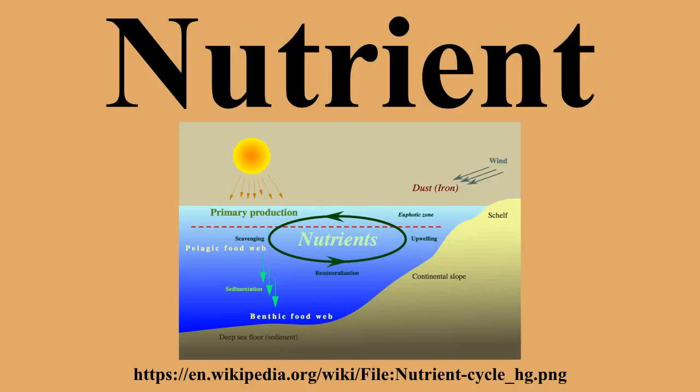The chemical elements humans consume in the largest quantities are carbon, hydrogen, nitrogen, oxygen, phosphorus, and sulfur, or CHNOPS. The classes of chemical compounds humans consume in the largest quantities and which provide bulk energy are carbohydrates, proteins, and fats.